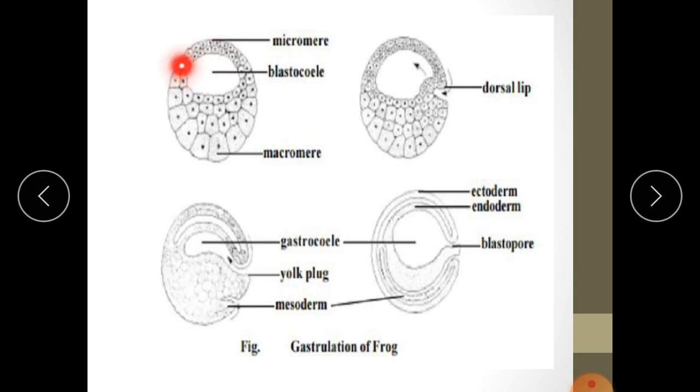This part of the cells in the embryo is going to develop into the ectoderm of the embryo. These are going to develop into endodermal cells, presumptive endodermal cells. Here presumptive mesodermal cells are present.